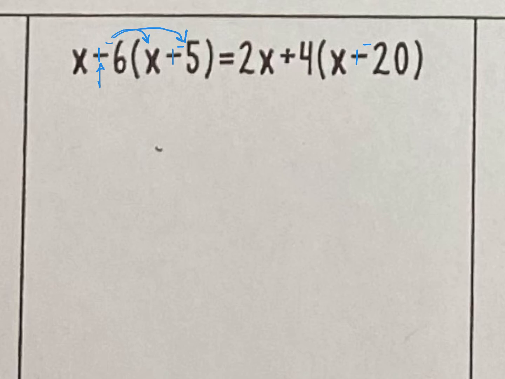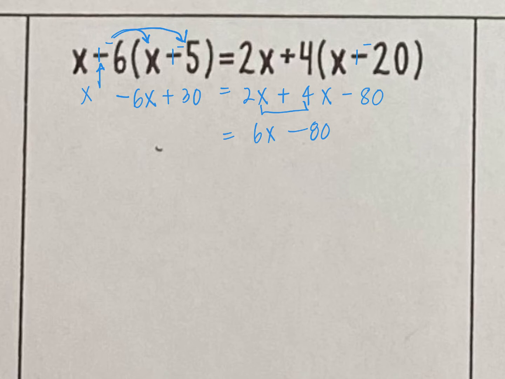So we've got -6 times x, which would be -6x. -6 times -5 is +30. And then we've got our x there in the front. Then over on the right, 2x plus 4 times x is 4x, and 4 times -20 is -80. Now we look for any like terms. 2x plus 4x is 6x minus 80.